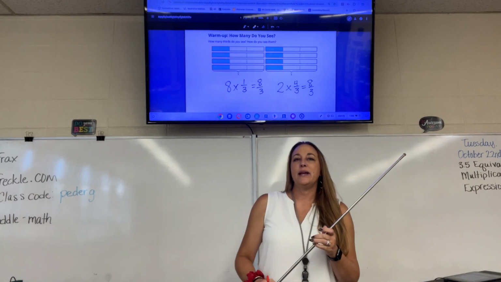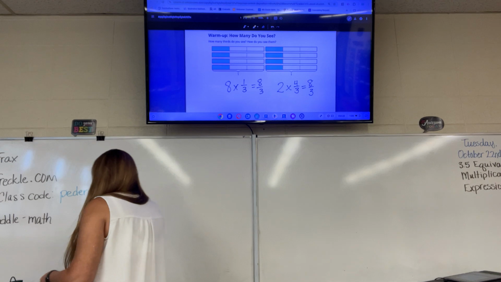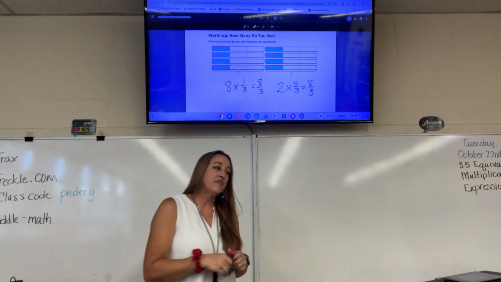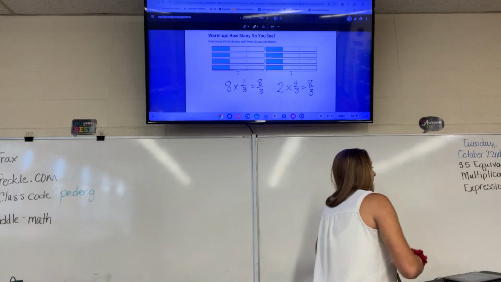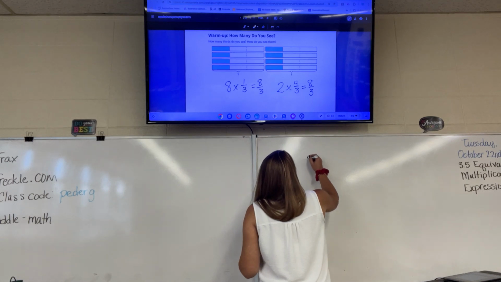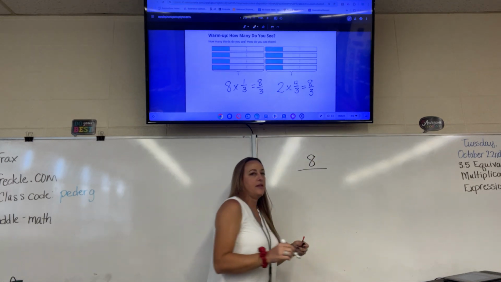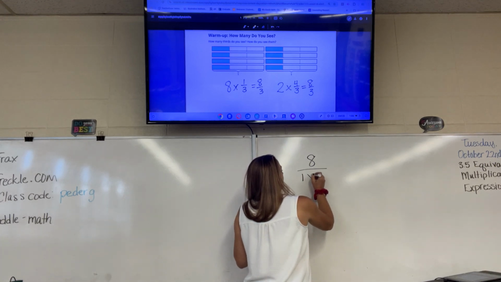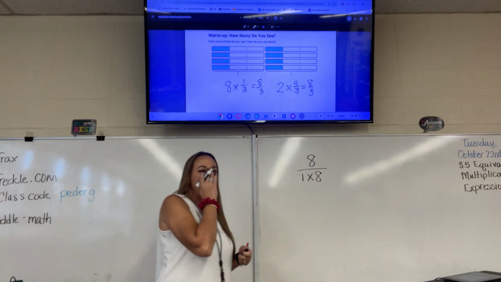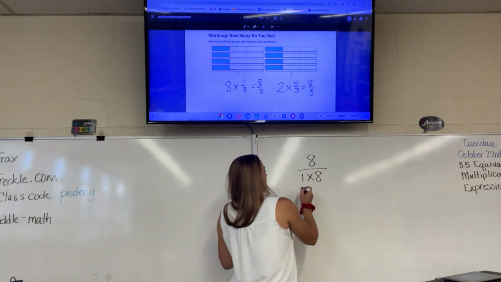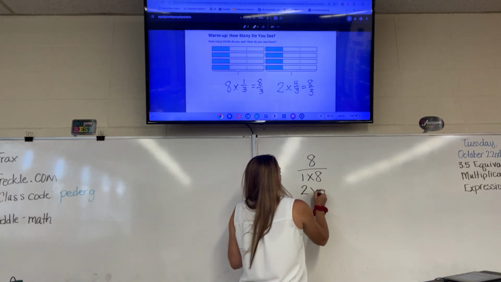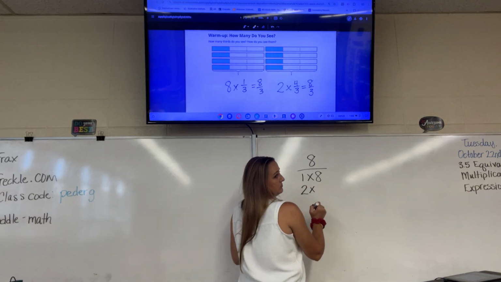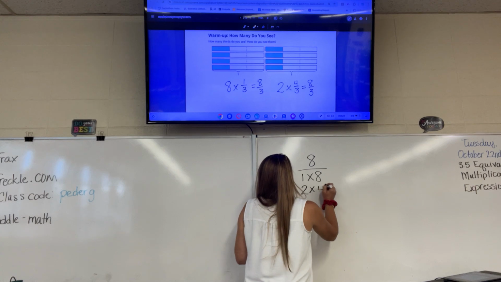There's 2 other ways to do it, because if you think back to when we talked about factors, what are the factors of 8? What do we start with? Ari? 1 multiplied by 8. Okay, and Fisher, what's another factor pair of 8? 2 multiplied by 4.